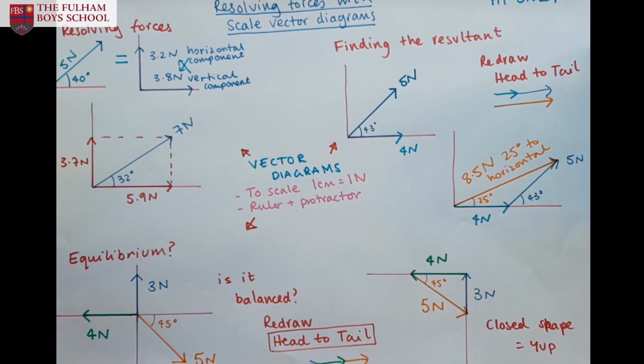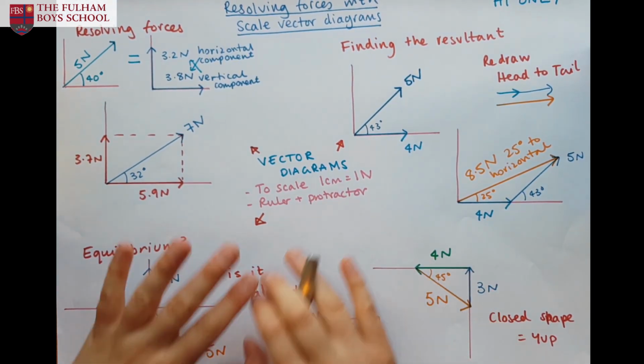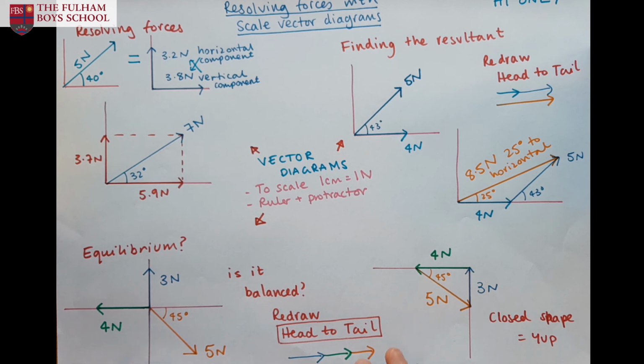Now, just a word, you can do most of this using trigonometry. Some of you might have noticed that this was obviously going to be a 3, 4, 5 Pythagorean triangle. You can do it using trigonometry, but for the GCSE, you need to be able to do it using vector diagrams. They're not interested in your ability to use trigonometry.